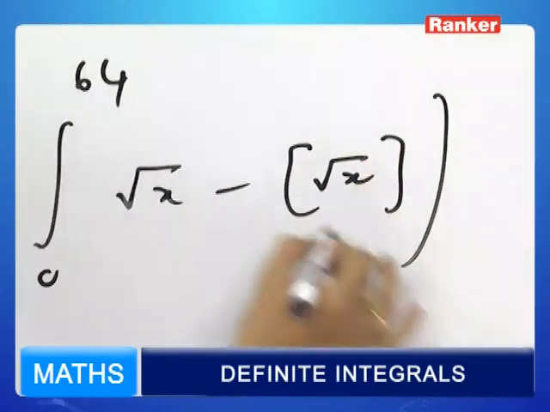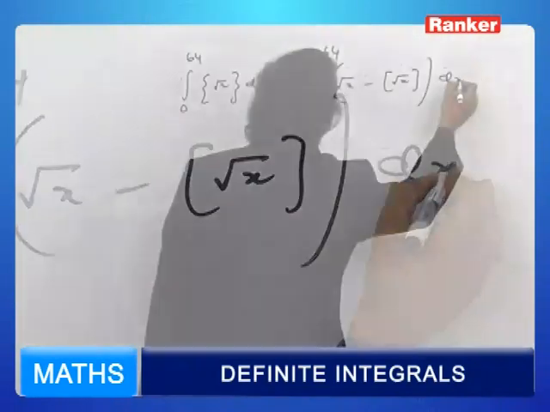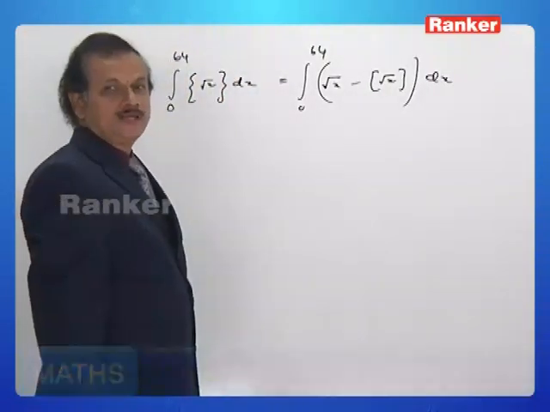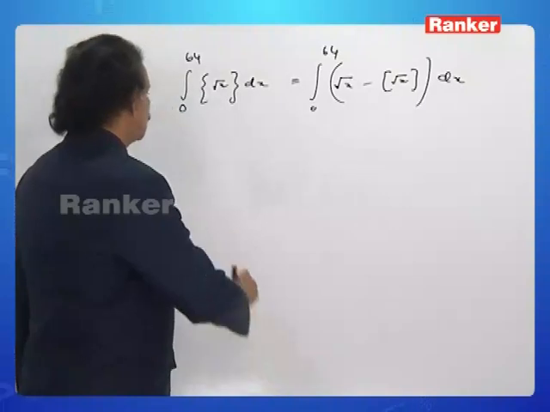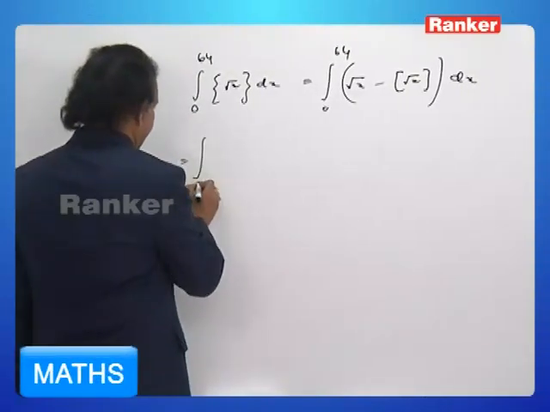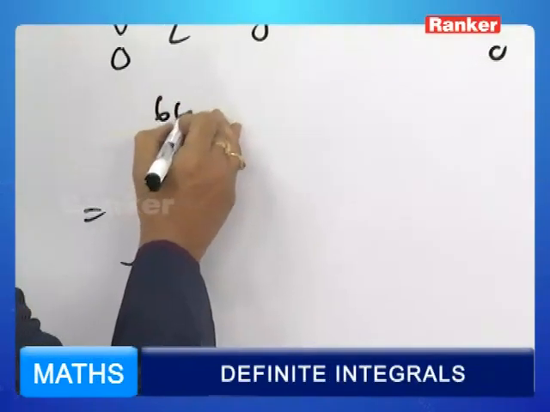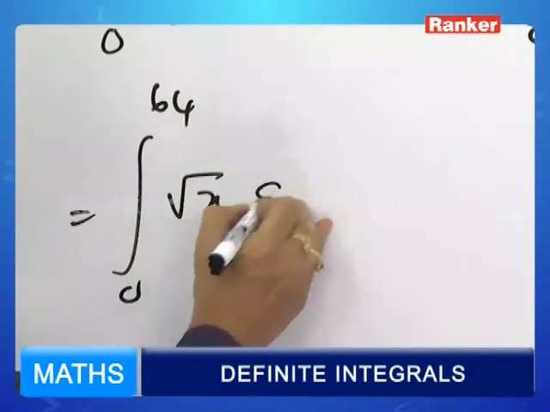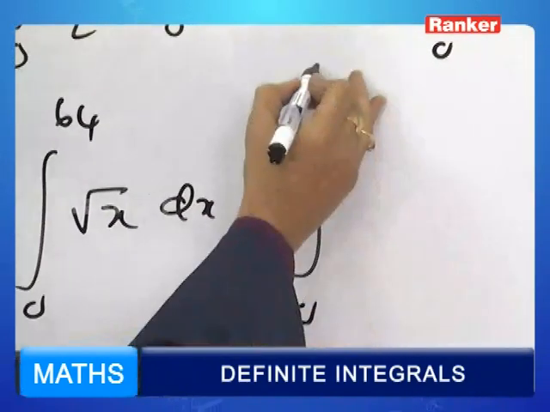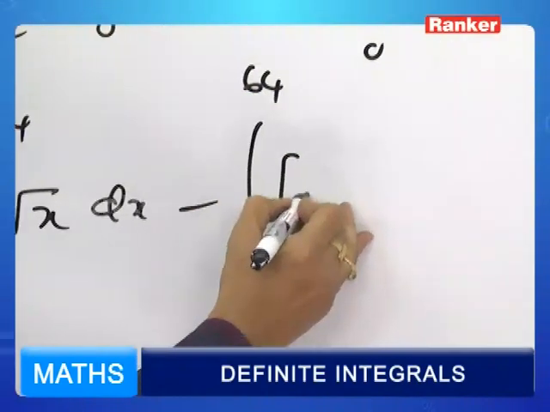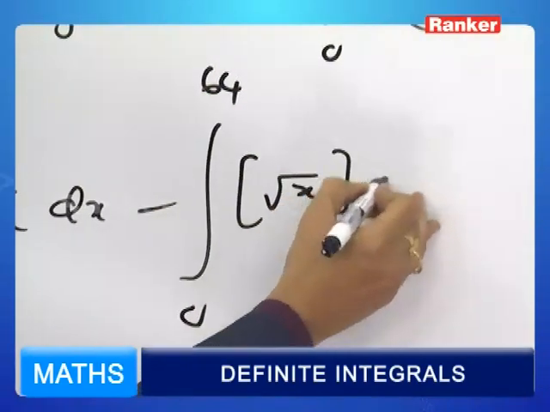Am I correct? Again, this takes two forms of integrals. What are they? Integral 0 to 64 of root x dx minus integral 0 to 64 of the integral part of root x dx.